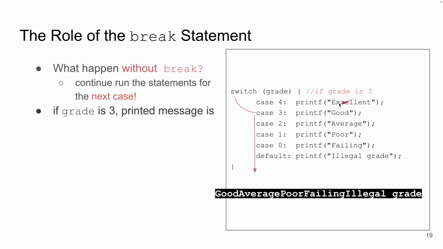We have the switch and the grade is 3, so we jump to case 3 here, and then print the good message, evaluating the statement we put in case 3. But in this case, we forgot to add the break. So it will continue to run case 2 and evaluate the statement in case 2, that is print the message average, and then case 1, case 0, and default.